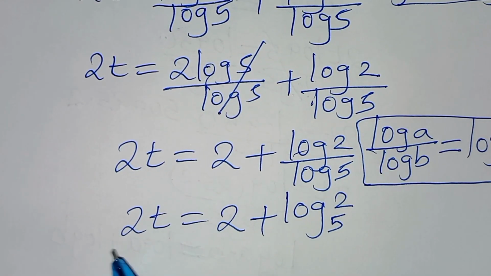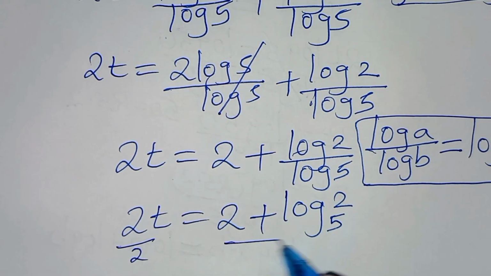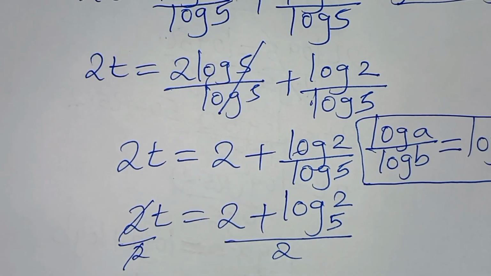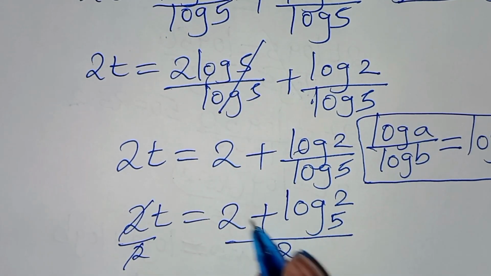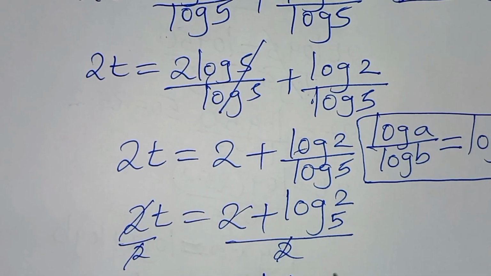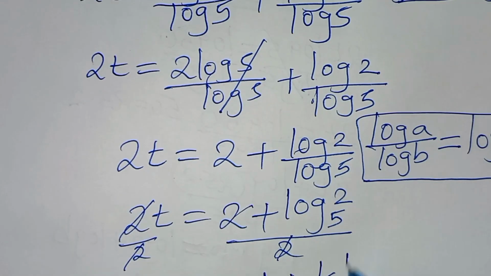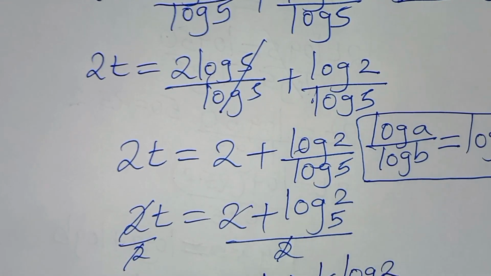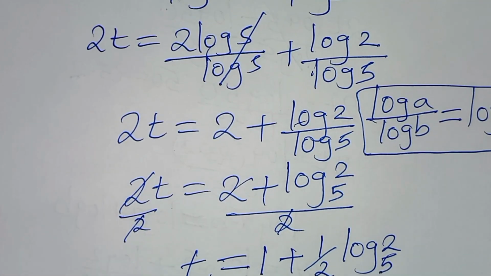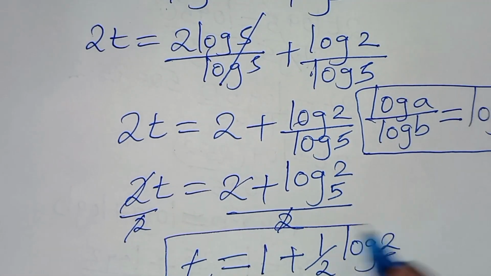Let's divide both sides by 2, so that now t is equal to, if you simplify, 1 plus half log 2 to base 5. So this is the value of t.